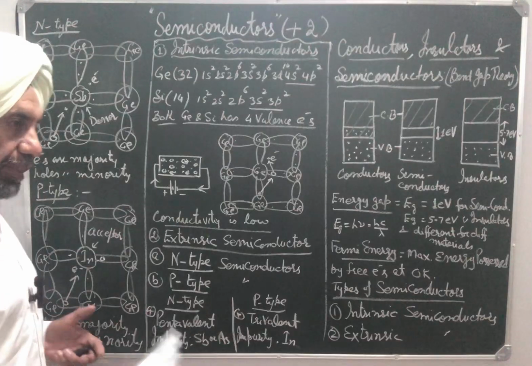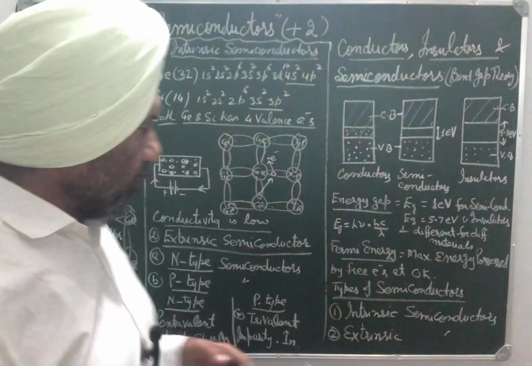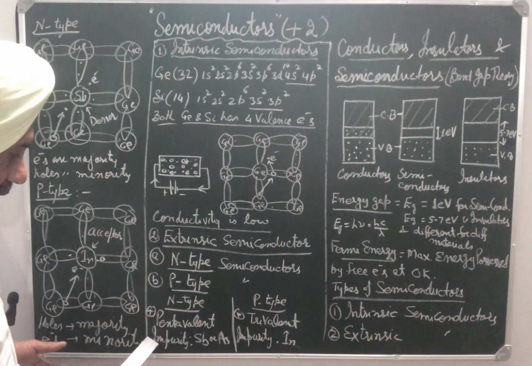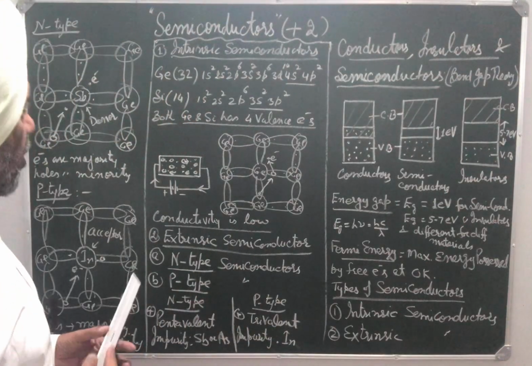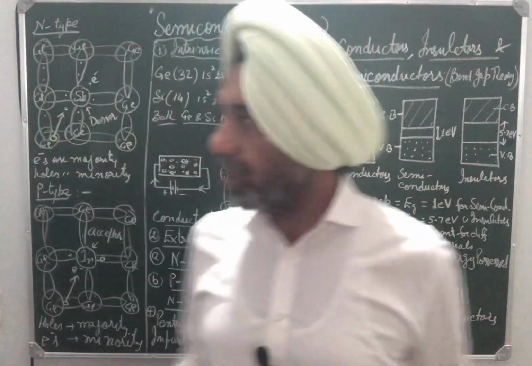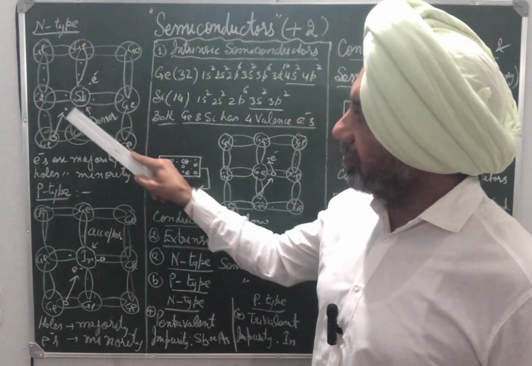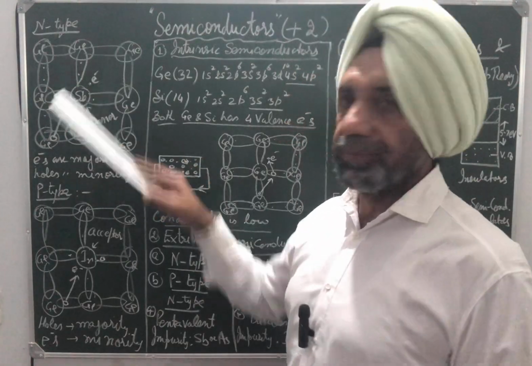In case of N-type semiconductors, when a pentavalent impurity, meaning having 5 valence electrons, like antimony or arsenic, is added to a pure sample of germanium or silicon, it increases the concentration of electrons in the sample.